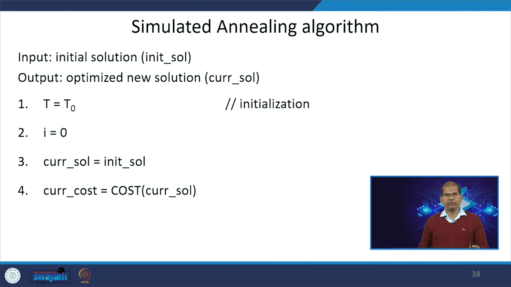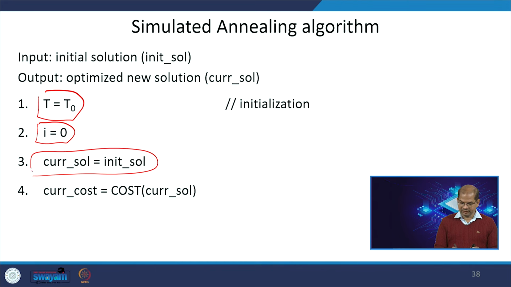This is the pseudo code of simulated annealing. It starts with t equals 0, the first iteration. Once I get the initial solution, I need to find the cost.